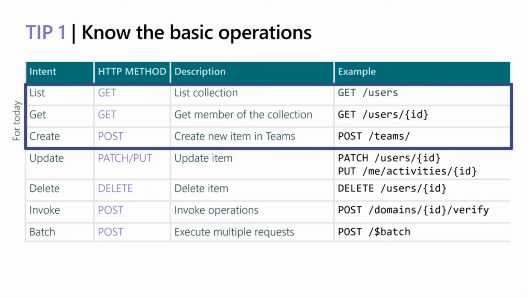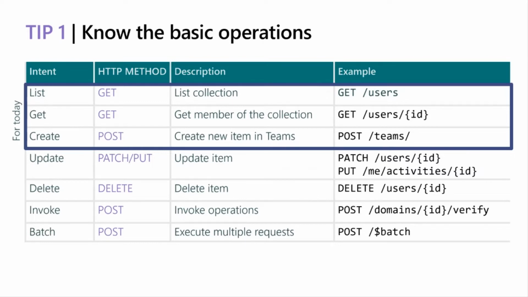Now, for today, you really only need to know 3 things, which is really lovely. Effectively, when we make a call to the Microsoft Graph, we have the intent. For example, we want to list some information, get some information, or create something. That is then an HTTP method. If I want a list of something, or I'm getting information around a member, that's where we use the GET method.